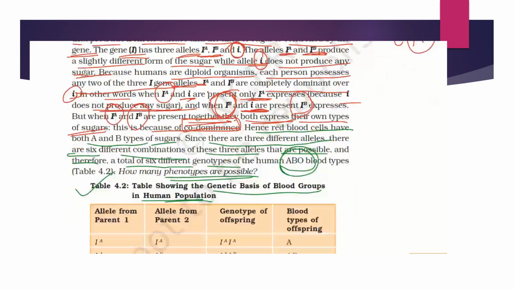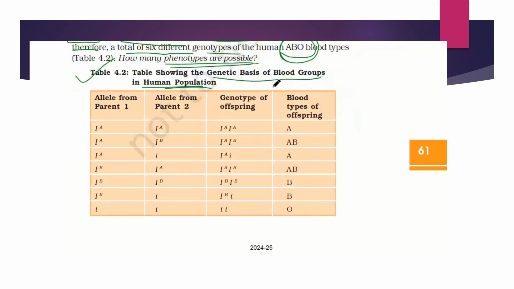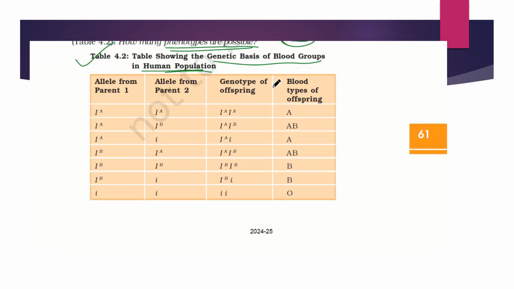So now we will see what is happening here. We have seen that if IA and IB are present, they will codominantly express. If IA and i are present, it will be IA which is expressing. If IB and i are present, IB will be expressing. Now we will move on to the table.